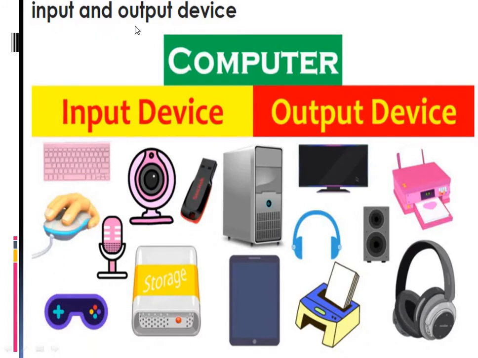See, input and output device. In computer, basically two types of devices are there. First is input device and second is output device. What are the examples of input device?